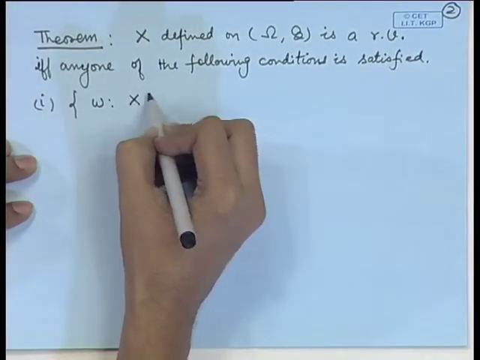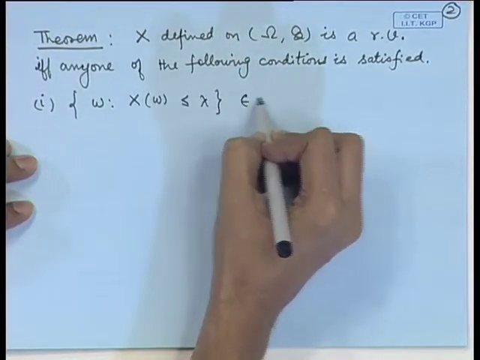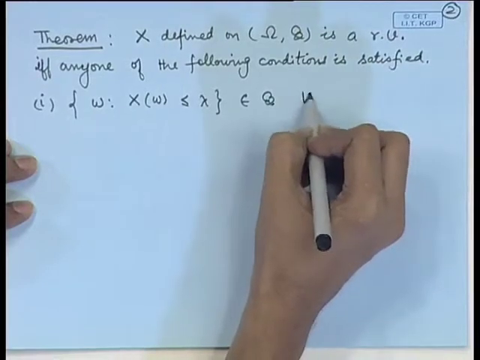The set of omega such that X omega is less than or equal to lambda belongs to B for all lambda.